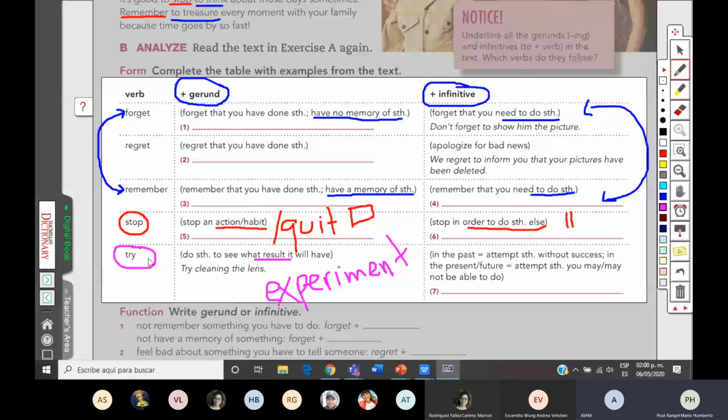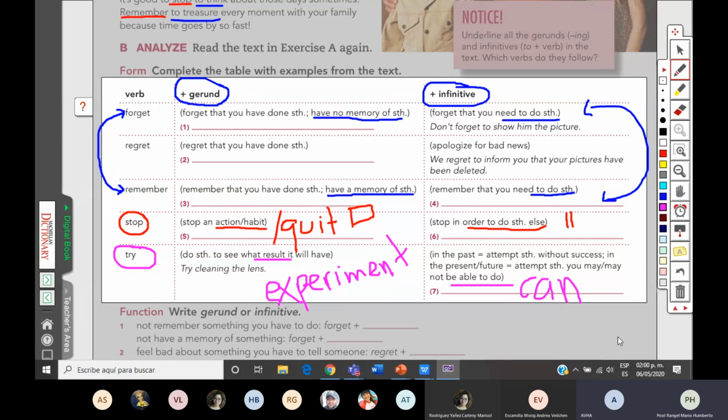But if I try to do something, or if I ask someone to try to do something, it's to see if they are able to do it or not. If they can do something or not. You know? O sea, a lo mejor estoy tratando de abrir la ventana y está bien dura y no puedo. Le digo, a ver, fulanito, try to open the window because I can't.